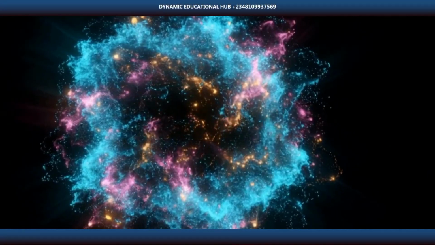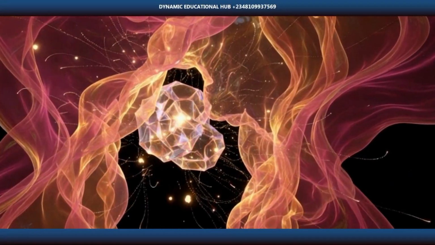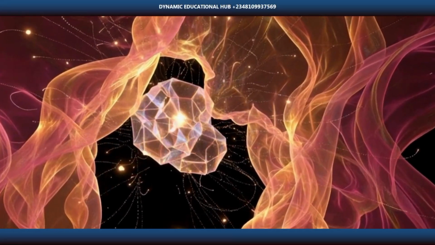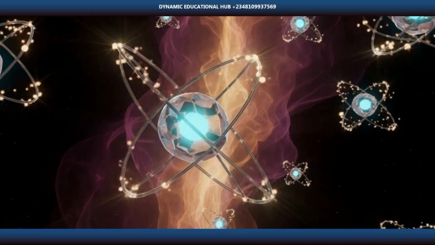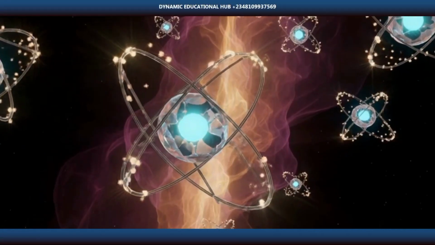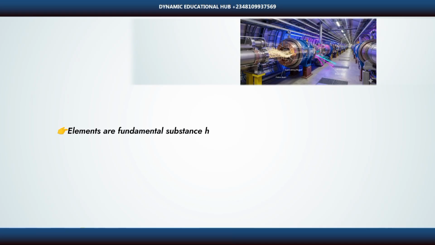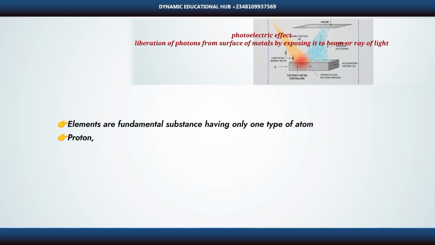Now we have painstakingly learned the atomic structure and subatomic particles. Now I'm going to summarize what we have learned so far, and I'm going to give you the nuggets in this video. The first thing I talked about was elements. Elements are fundamental substances having only one type of atom. When you divide elements, you get atoms of that element.